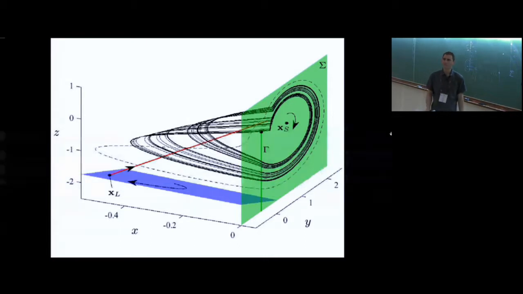A question? Yeah, so the idea of a normal form is that it's a simple system for a particular type of bifurcation.